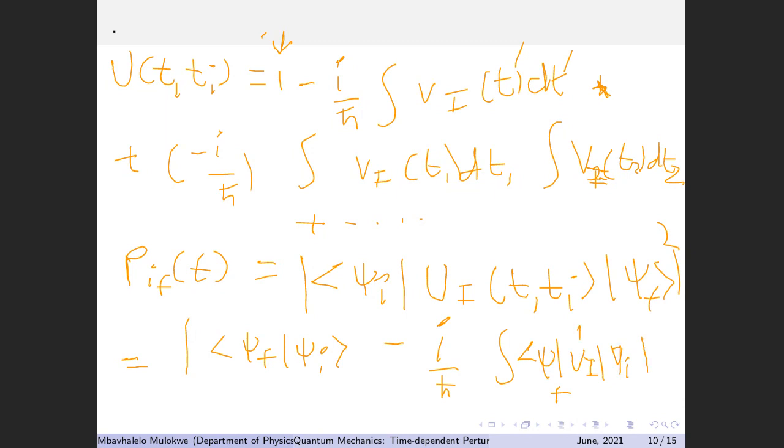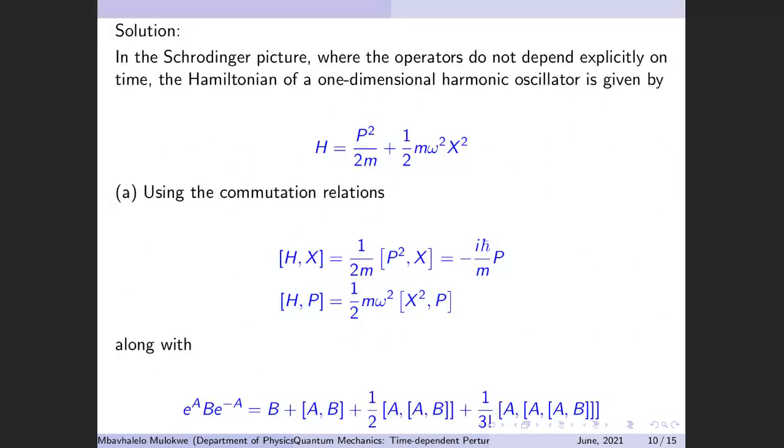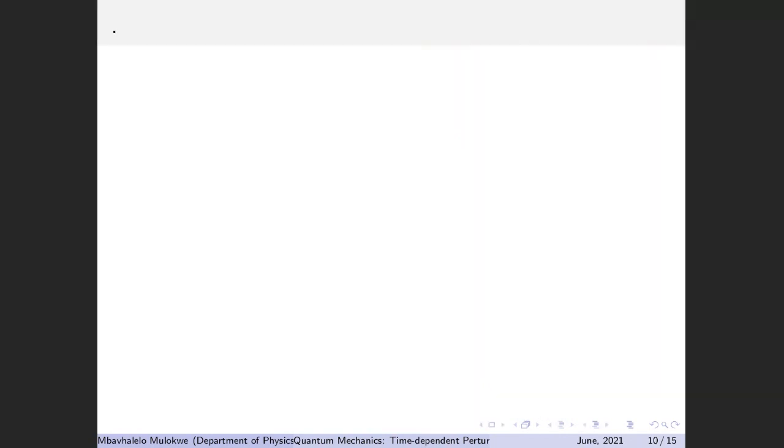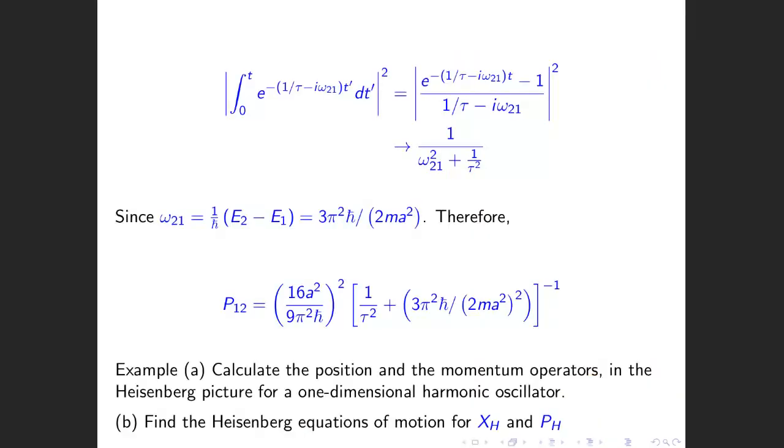Remember that this is still in the interaction picture, and the only thing left will be dt. Because we wanted the transition probability, you start with some state psi initial and ask what the probability is that it goes into a different state psi_f, this first term was not there, and then we were done, because we were able to find the transition probability, which I think I did in the previous slide.